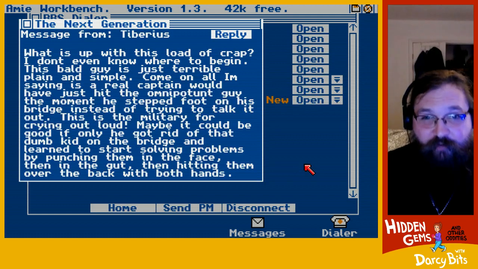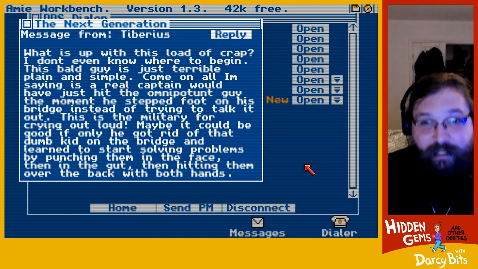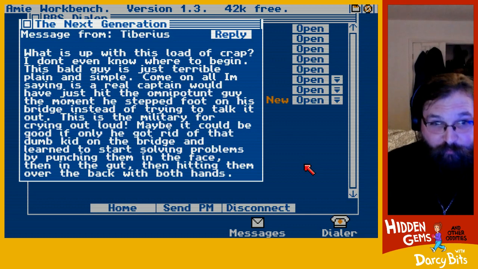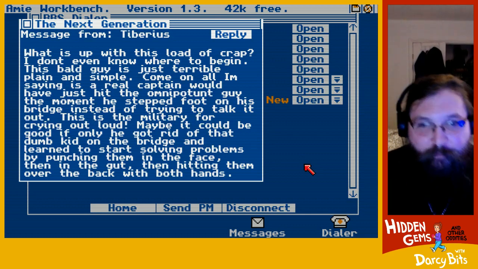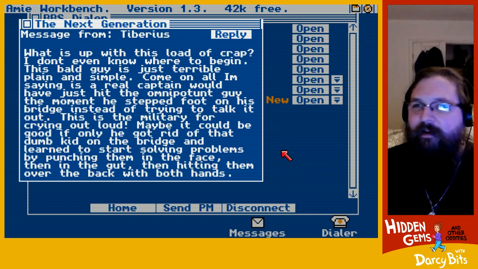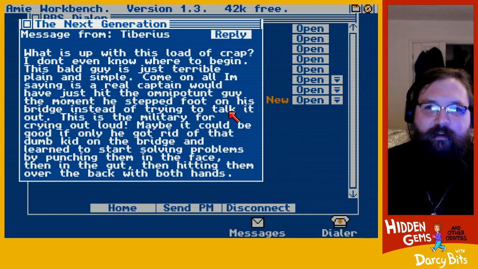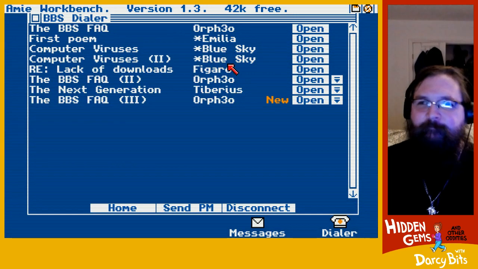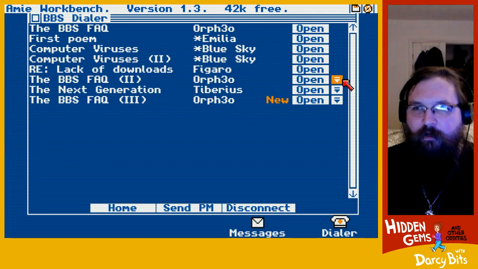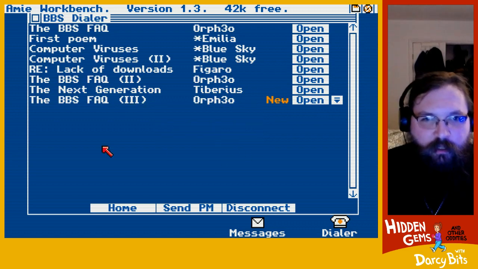Maybe it could be good if only he got rid of that dumb kid on the bridge and learned to start solving problems by punching them in the face, then in the gut, then hitting them over the back with both hands. Yeah. Well, I'll show you what I think. I showed them. Alright, let's download these.